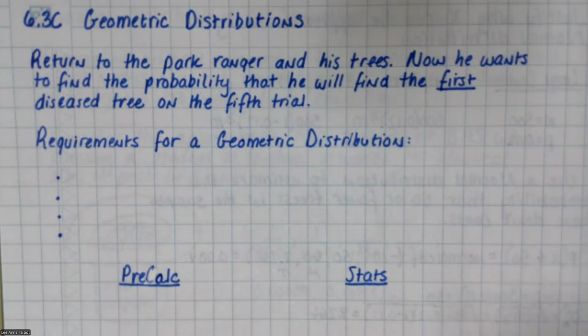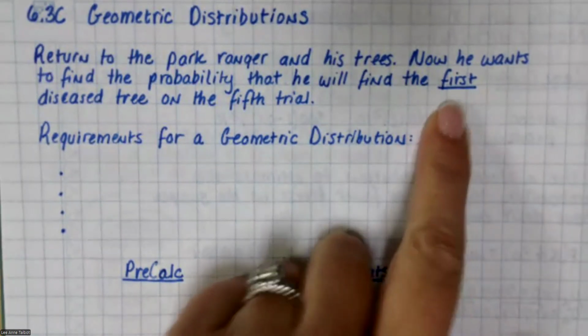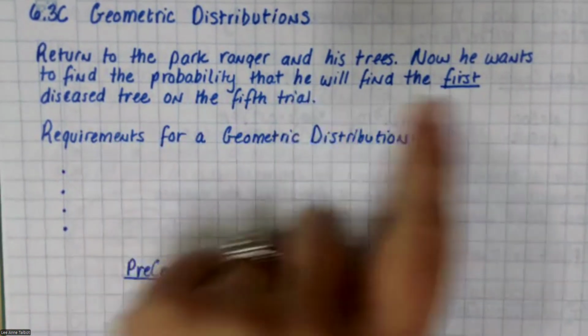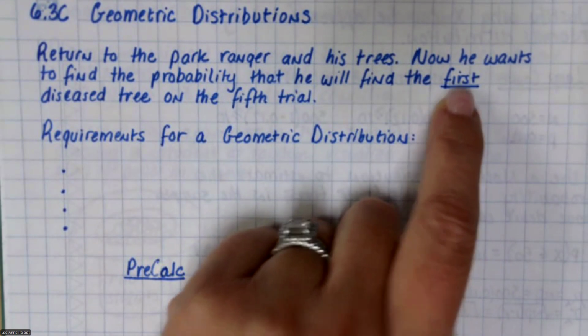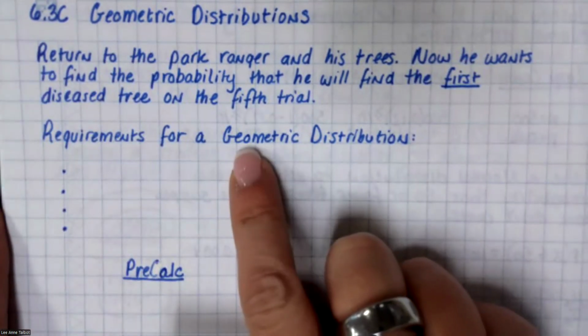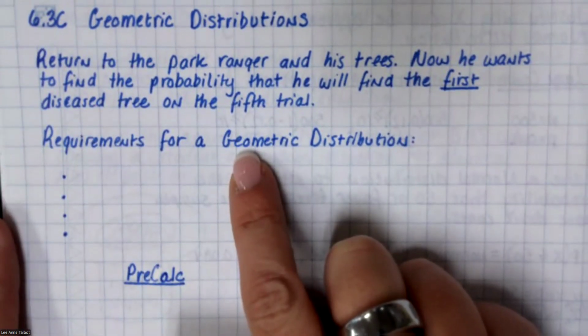Anyway, we turn to the park ranger and his trees. Now he wants to find the probability that he will find the first diseased tree on the fifth child. I underlined first because that's the most important thing here. Do you remember this word from Math 1?